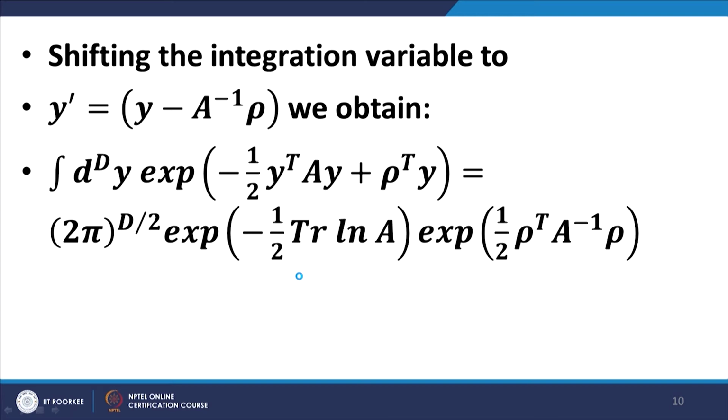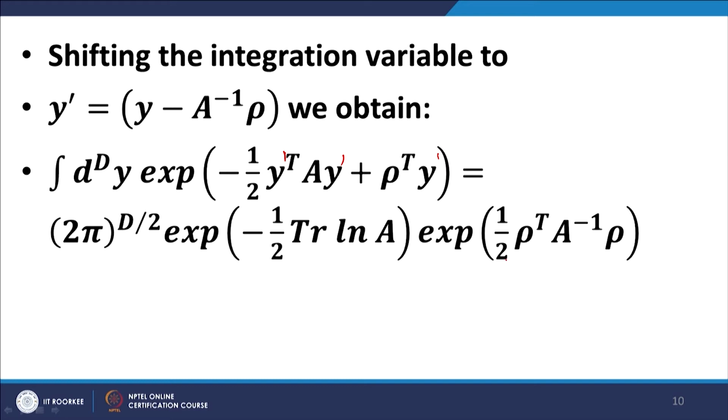Obviously dy is equal to dy dash, so that does not make any difference, and in terms of y dash we get this expression, minus 1 by 2 y dash transpose a y dash plus rho transpose y dash. This is what we get, and when we make use of the earlier expression, we get this result. This is quite straightforward, there is not much ado about it.